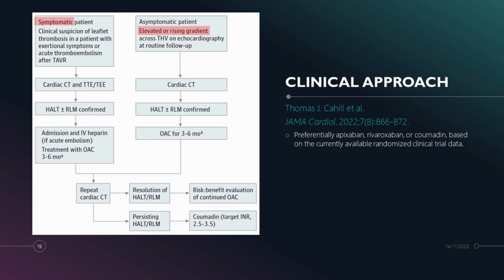If the benefit is more than the bleeding risk, I think we should continue the oral anticoagulation. But if there is persistent HALT or ILM, we have to continue with warfarin. For the asymptomatic patient with only an increase in the gradient, if we confirm with CT scan, we start with oral anticoagulation and then repeat the CT scan with the same protocol as symptomatic HALT.